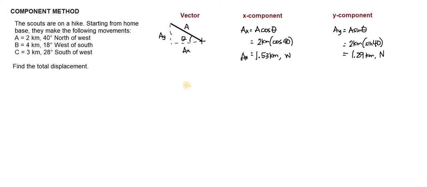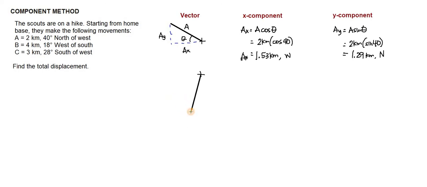Let's have number 2. That is west of south. If that's west of south, quadrant 3 naman natin siya makikita. So we can have here our Cartesian plane, quadrant 3. Okay, so this is the vector. This 18 degrees west of south.